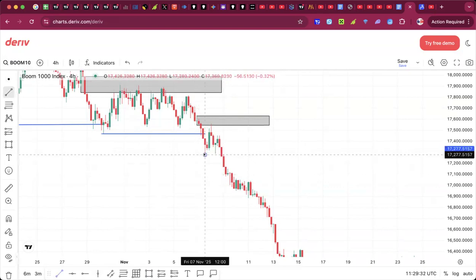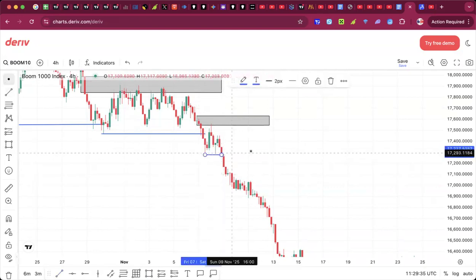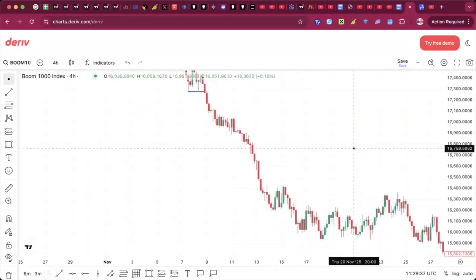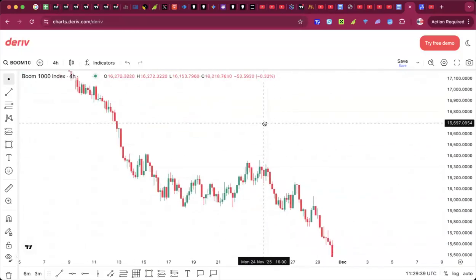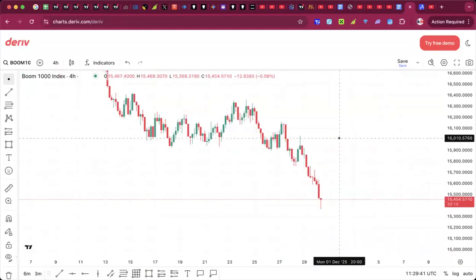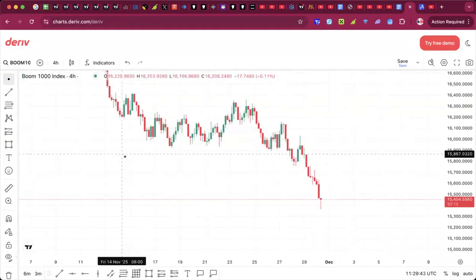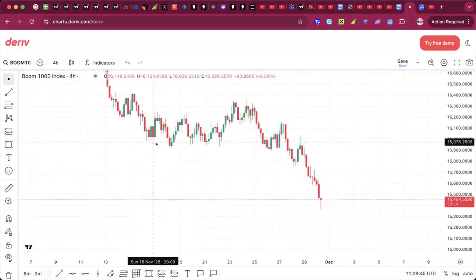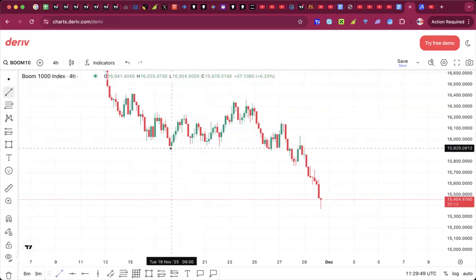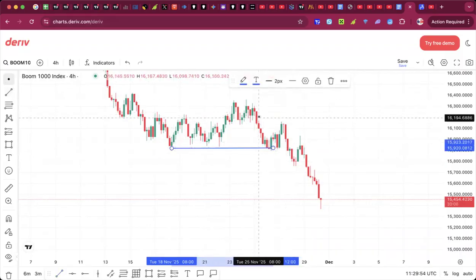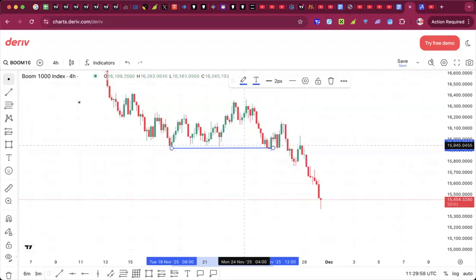Then we never return back to validate anything there. Then look at continuation, so all this way. So up to now, right? So we have a recent break of structure over here, this down here. And then we have back to this fair value gap. Then probably this another break of structure.